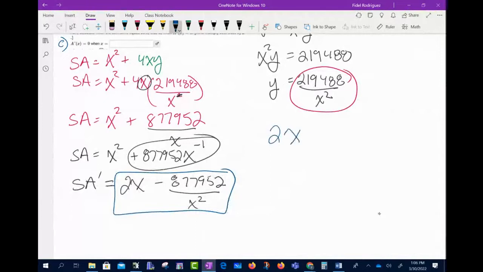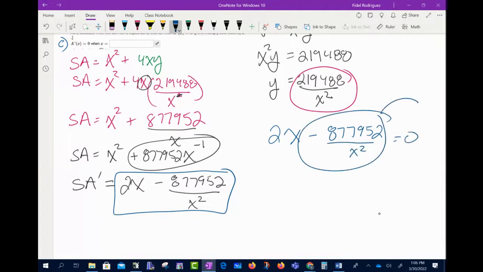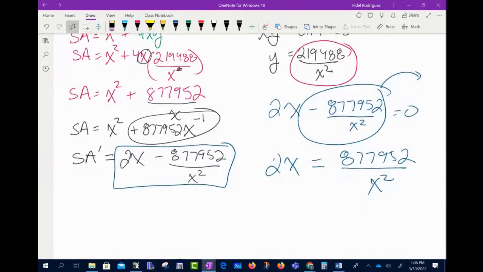So look, if I set this thing here, y'all, equal to 0, when I move this guy over that way, it becomes a positive 877,952 over x squared.